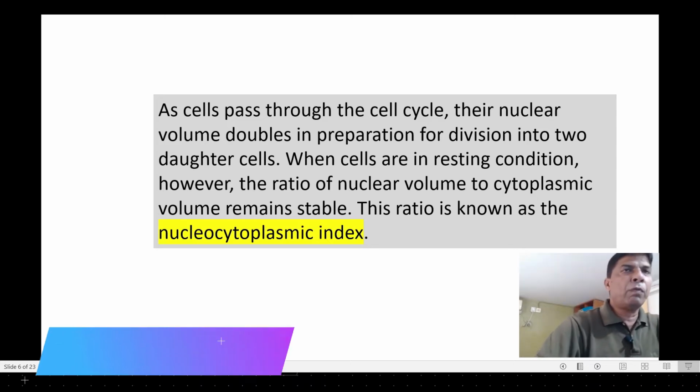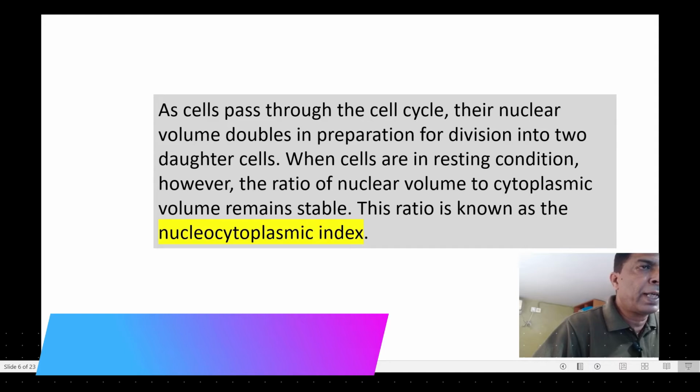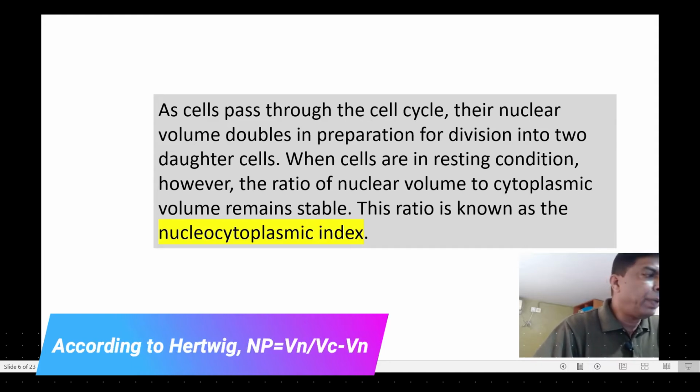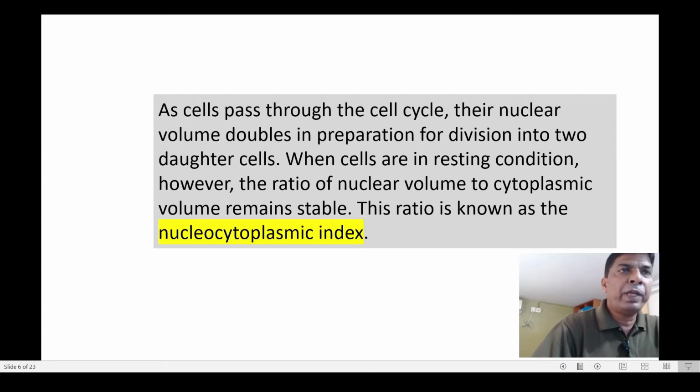There is a formula of Hartwig regarding this index: NP = Vn / (Vc - Vn). NP is the nucleocytoplasmic index, Vn is the volume of the nucleus, and Vc is the volume of the cell.